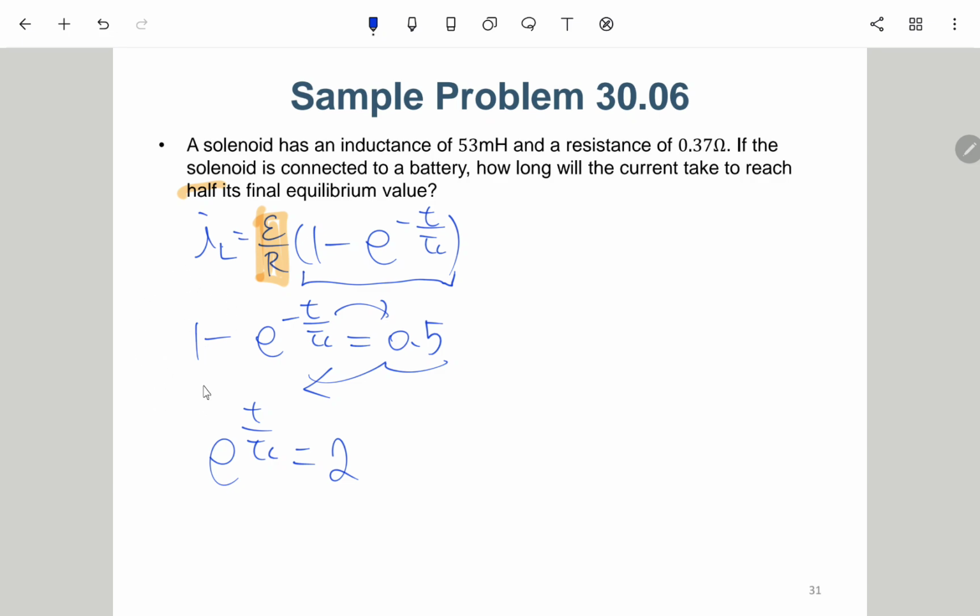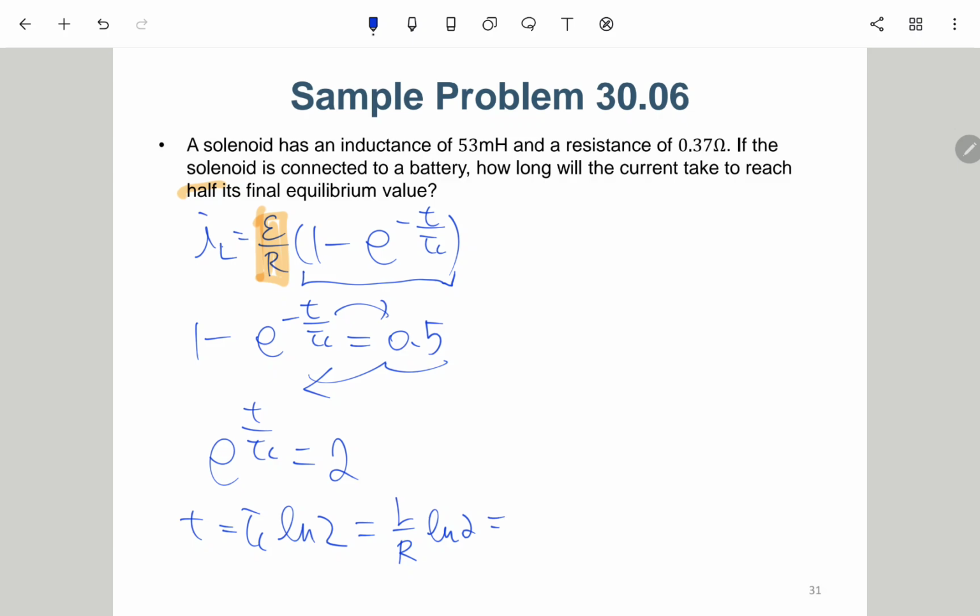Take the reciprocal, which will be 2. The negative sign becomes positive. Then take the log on both sides. We will have t over tau L to be the natural log of 2, and then move the tau L to the right side. So t will be L over R times natural log of 2.